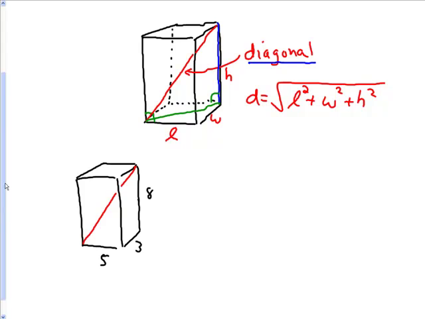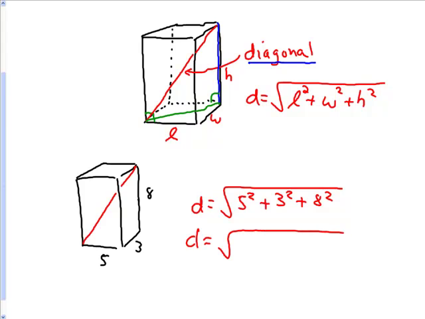The diagonal is going to be the square root of the sum of all these squares: 5 squared plus 3 squared plus 8 squared. So the length of the diagonal equals the square root of 25 plus 9 plus 64.